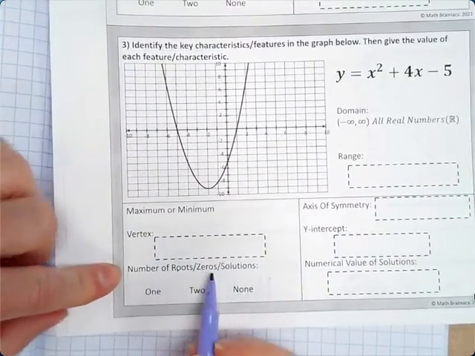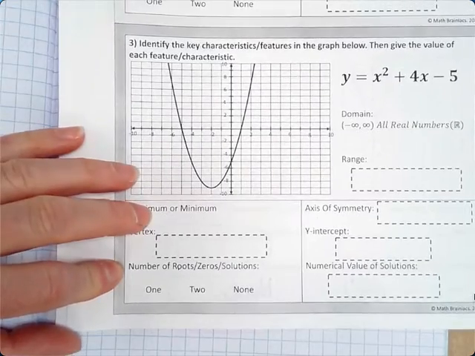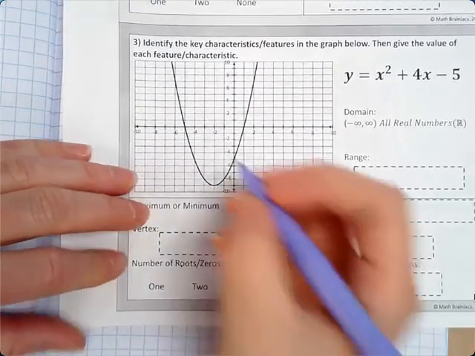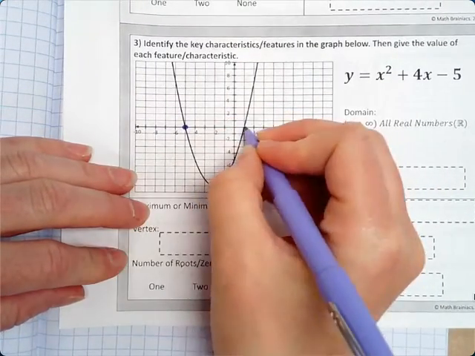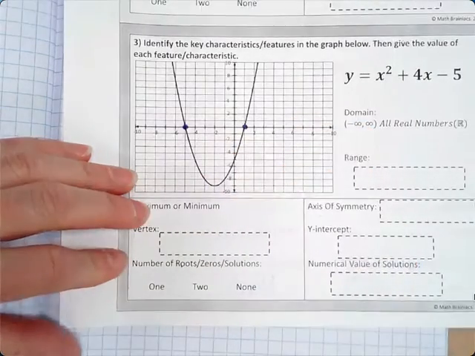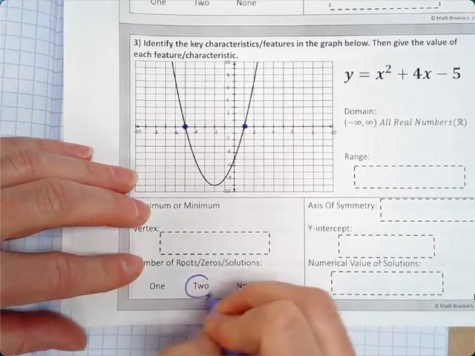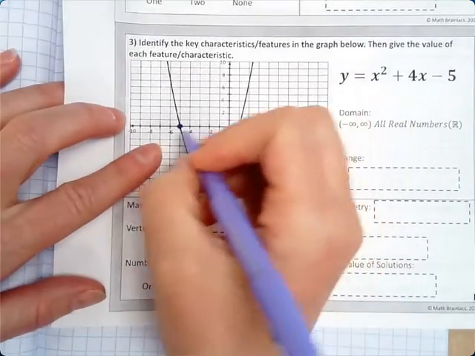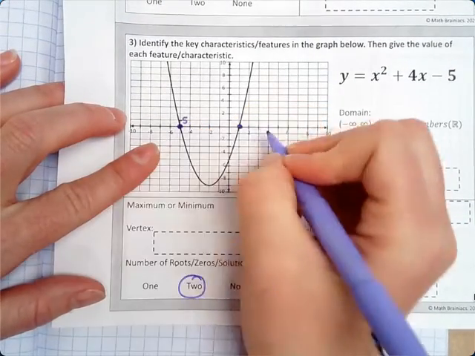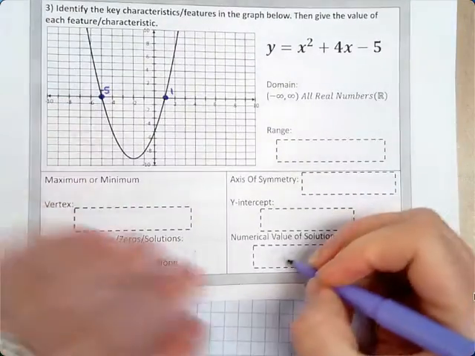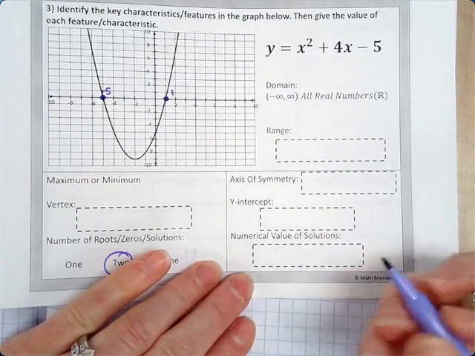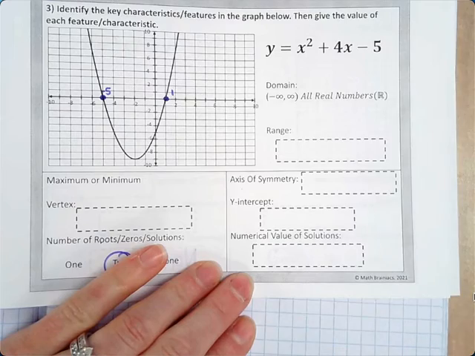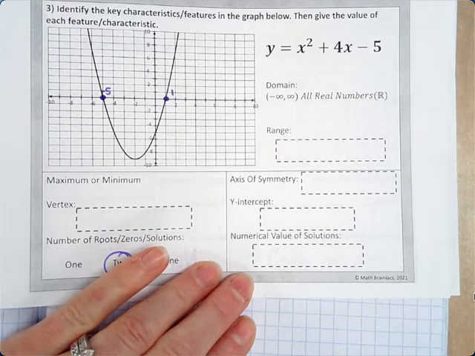Number of roots, 0 solutions. We're looking at how many times it crosses the x-axis. So it crosses it at 2 spots. So we would write 2, and then we would identify what those are. So it crosses at -5 and at +1. So we can write that as coordinates, or we can write it as x equals this and x equals this.